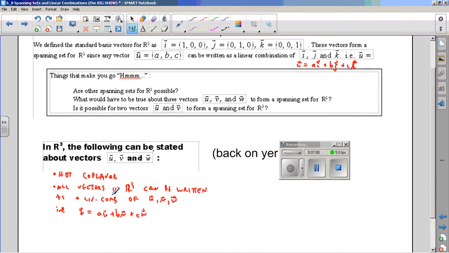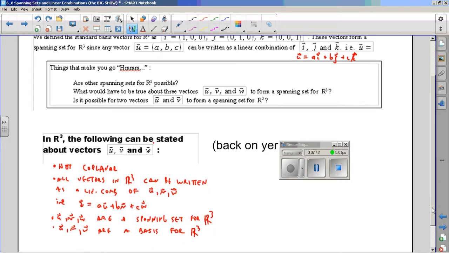That means these three vectors are a basis for space. We also say, because we can do this, that u, v, and w are a spanning set for R3. We also say that u, v, and w are a basis for R3 space, right?